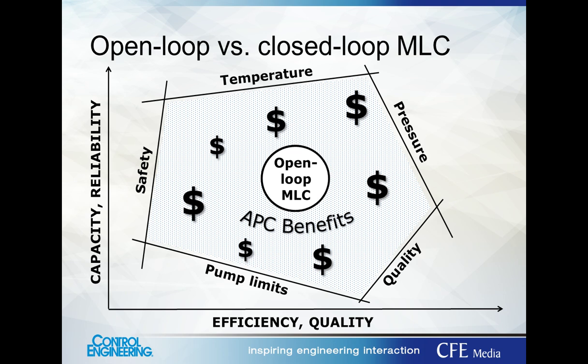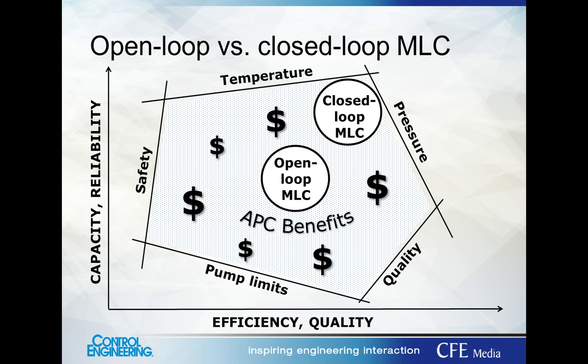With closed loop MLC, we can safely operate closer to constraints because there is an automatic response should a process change or disturbance occur. You can operate closer to targets and limits because MLC can be relied upon to automatically respond to encroaching constraints, which may occur due to normal process variations.